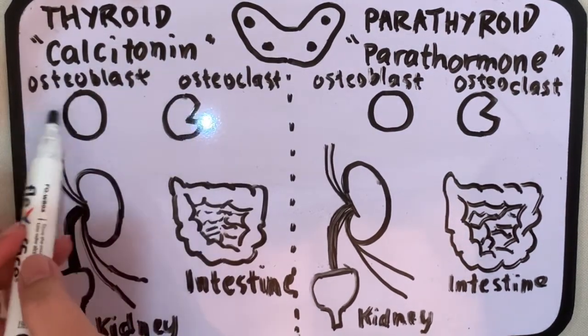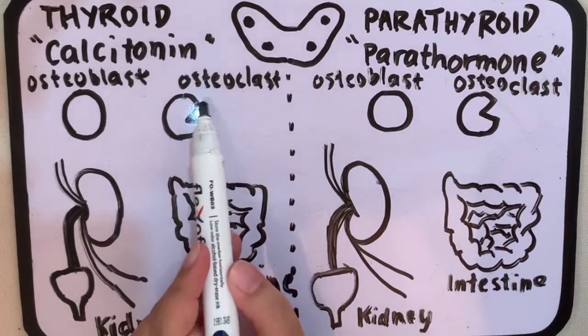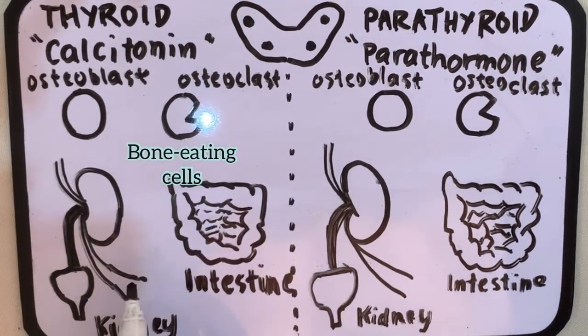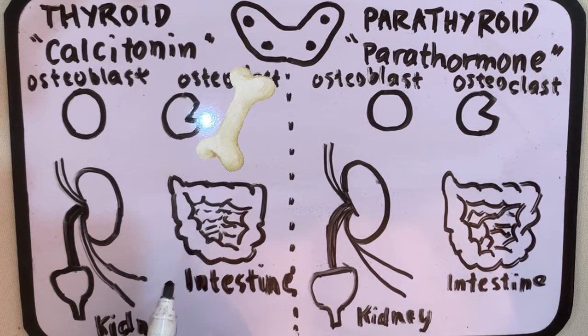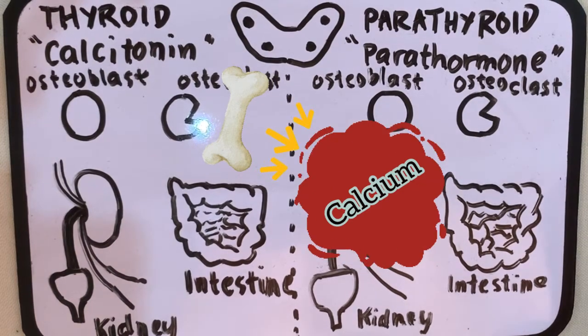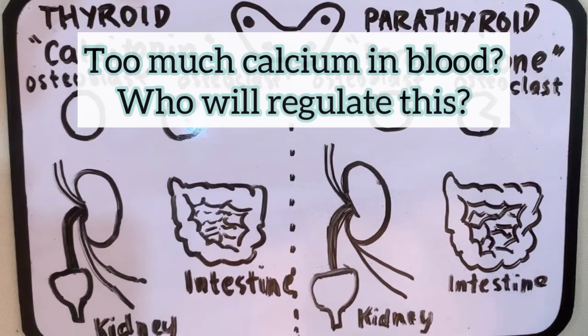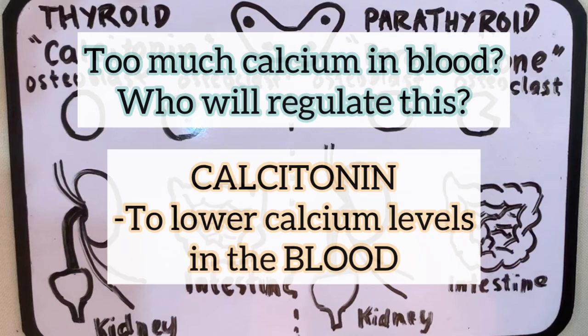You have your osteoblast, which are your bone building cells, and your osteoclast, which are your bone eating cells. Upon performing the function of your osteoclast, by breaking down the bone matrix, it will release calcium in the blood. The main function of your calcitonin is to lower the calcium concentration in the blood.